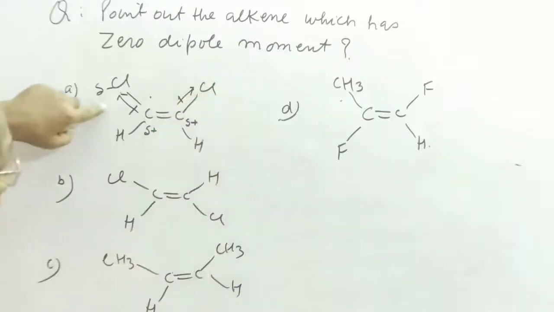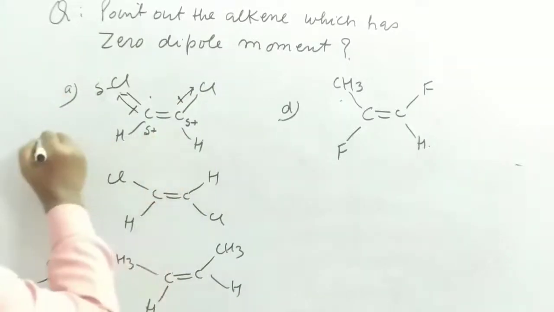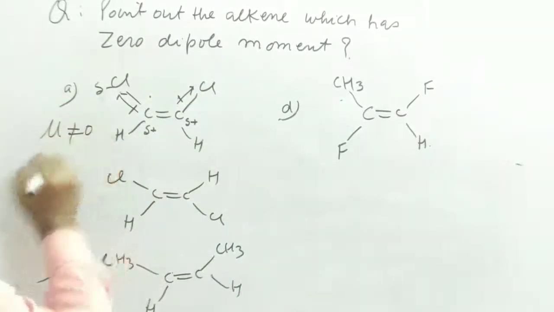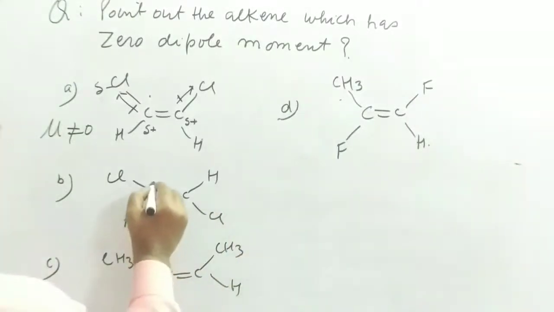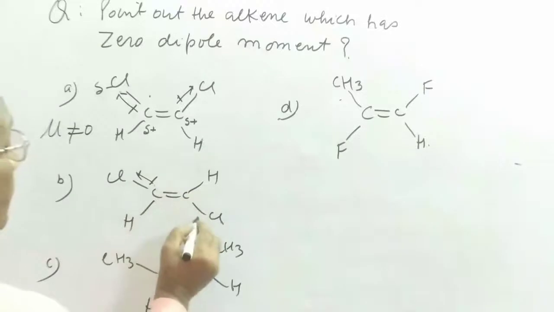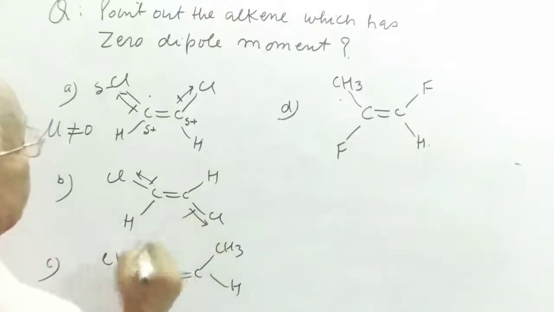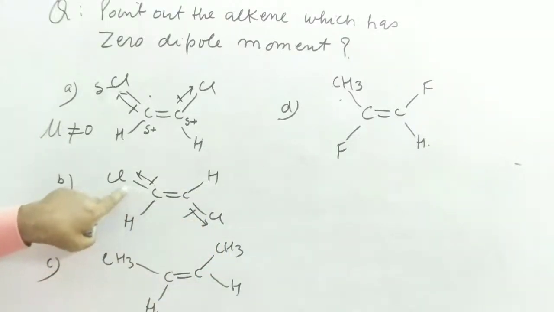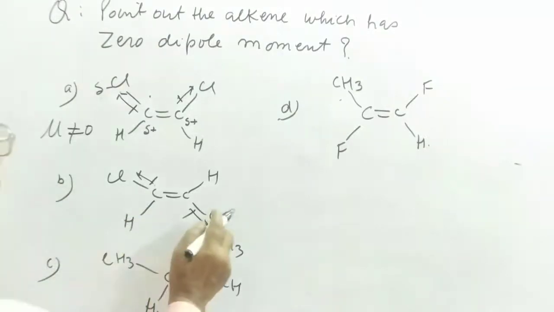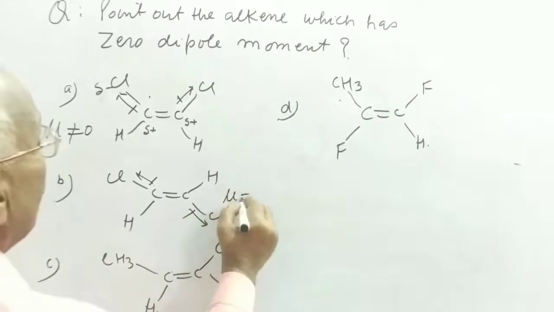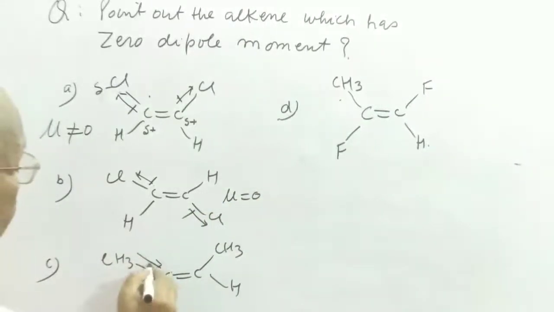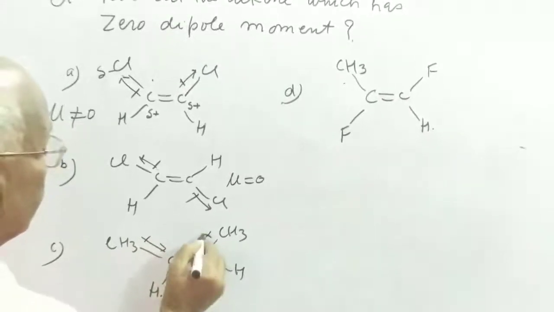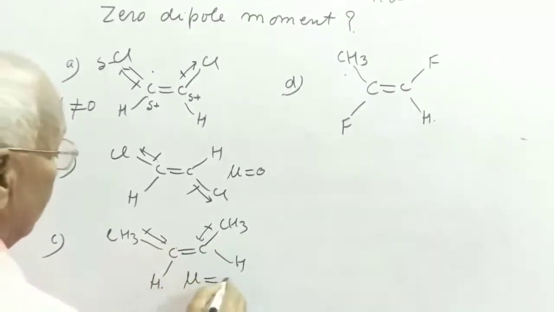So it has dipole moment, so its dipole moment is not equal to 0. In this case, dipole moment is like this and like this. So dipole moment of the upper chlorine atom is being compensated by lower chlorine atom, so its dipole moment is 0. Again dipole moment direction like that, so it has dipole moment not equal to 0.